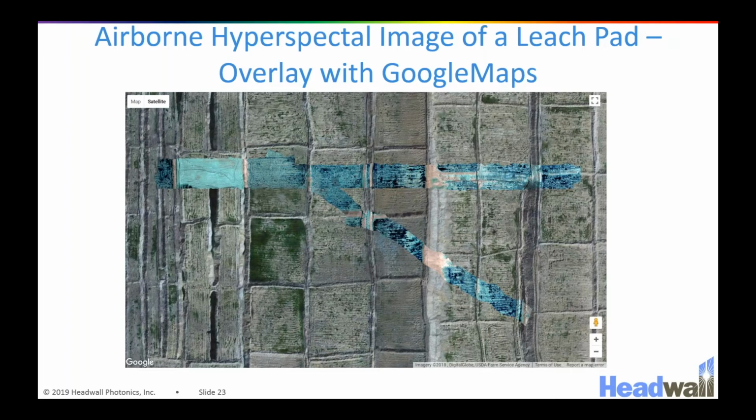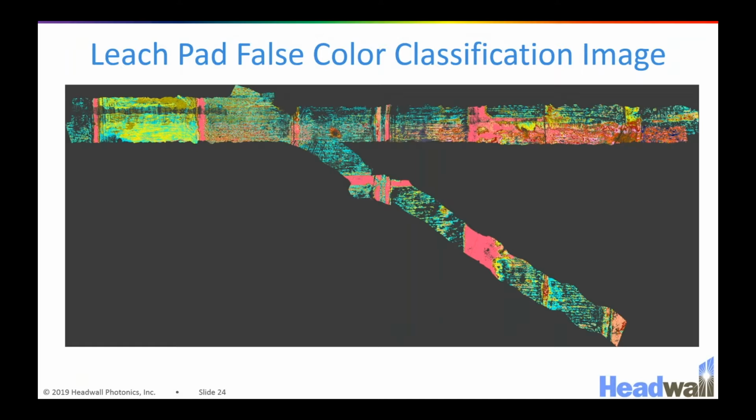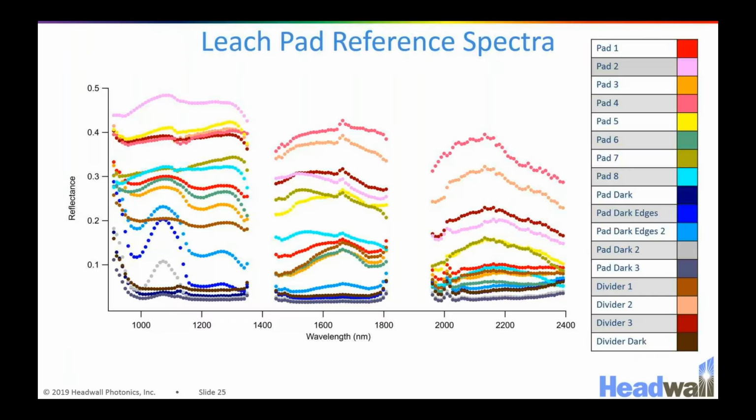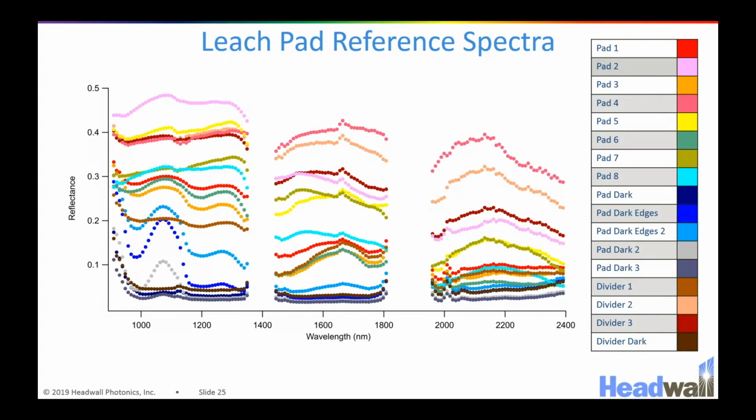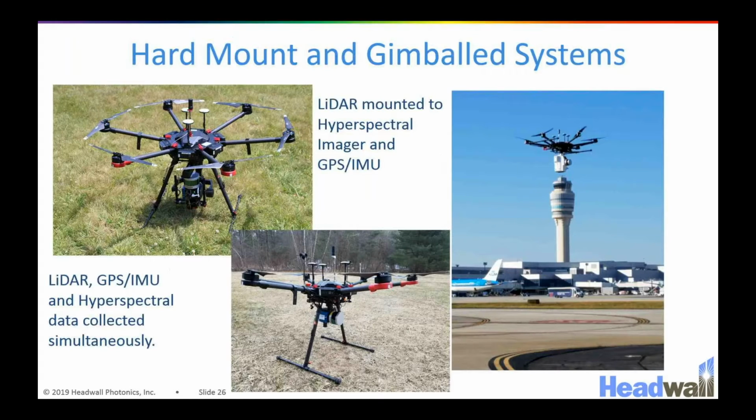So I can't show you the ground truthing data, but I can show you the first pass at classification and all of the different spectra that make up this classification of the leach pad. So we did find, of course, a bunch of different mineralogy in the leach pad, and we're counting on our partner geologists to identify what those minerals are and what interesting information can be pulled from these leach pad scans.